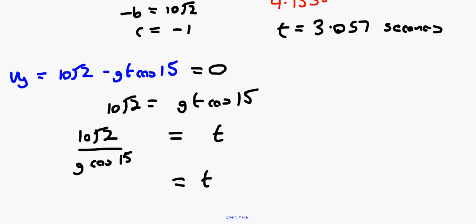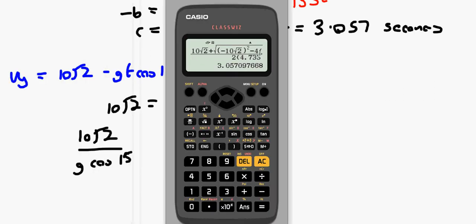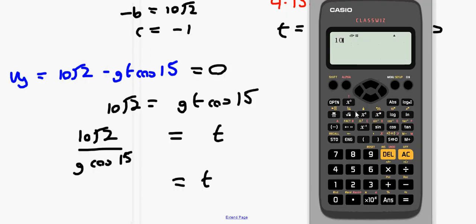Time taken for that to occur should be 10 root 2 over 9.8 cos 15. A t value of 1.49 seconds.